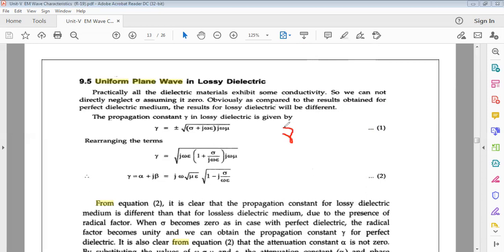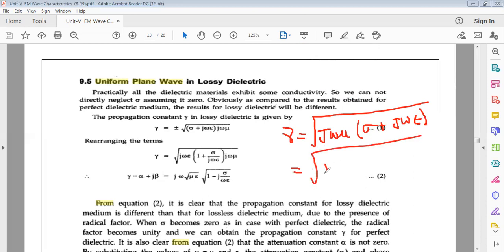So gamma is equal to the square root of j omega mu into sigma plus j omega epsilon. In the parentheses we can take j omega epsilon as common, then it becomes 1 plus sigma by j omega epsilon.